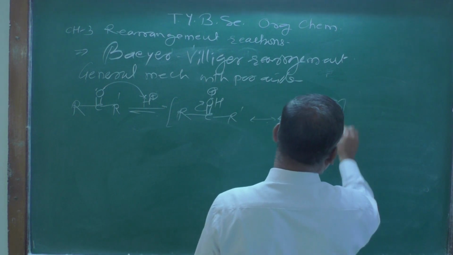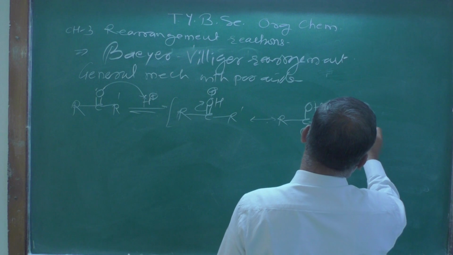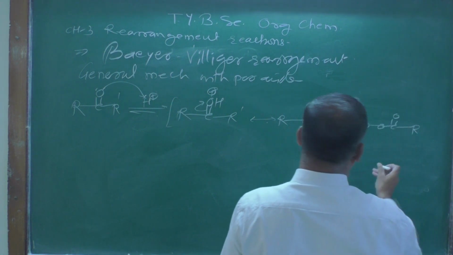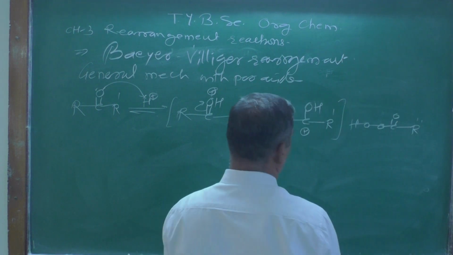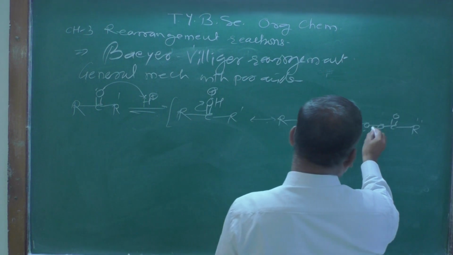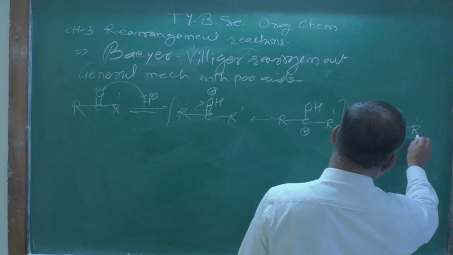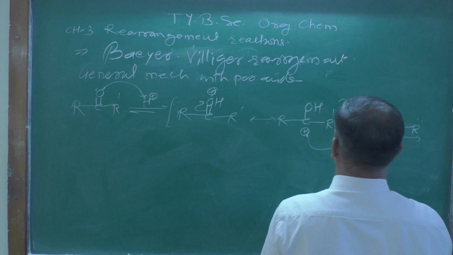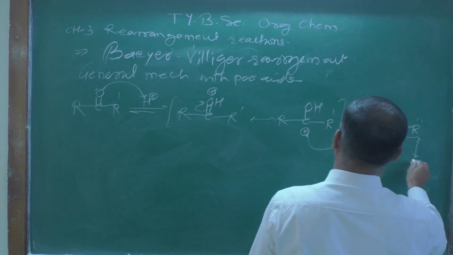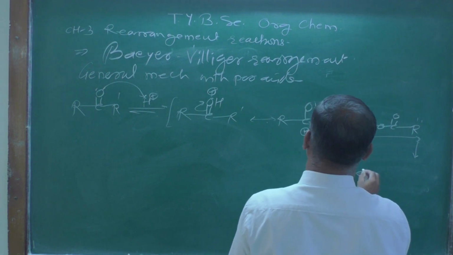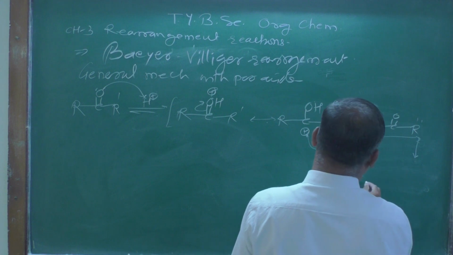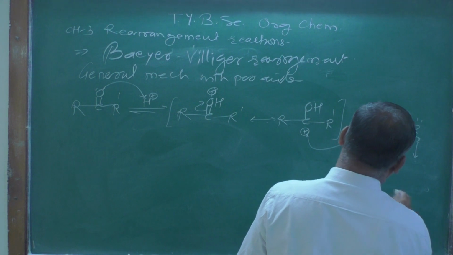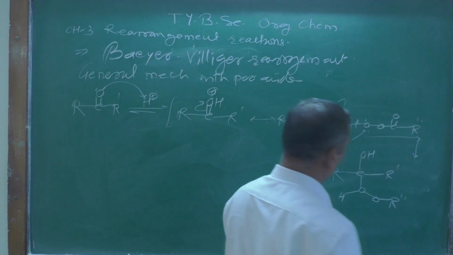Now when we treat this with peracid O C double bond O R, generally we can call it R double dash over here. Now the lone pair present on that acid is going to attack that carbocation, and so you may get here, I am writing, R C O H, then O H O, then R double dash, and R dash is already there.